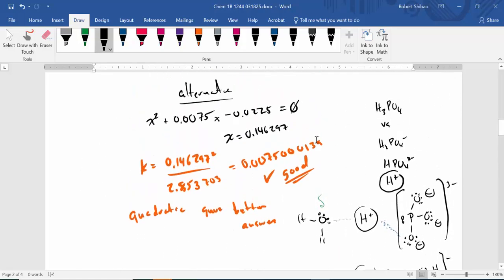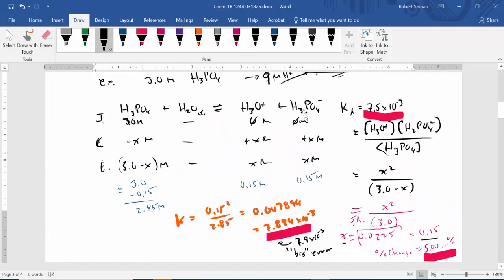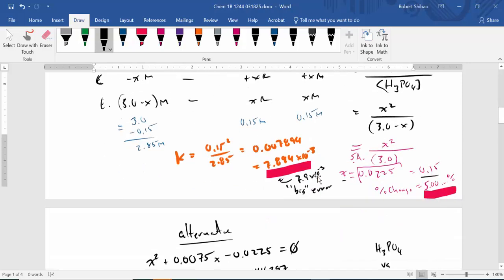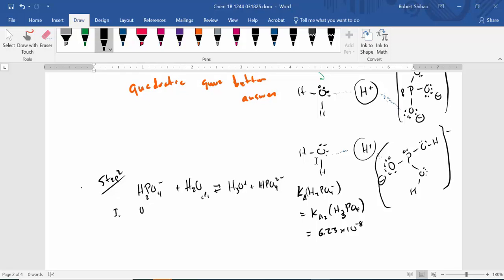H2PO4 minus. This is what we call a common ion. A common ion is coming from the previous step. We have 0.15 molar. And I'm not going to use the better value here because I need to save time. This is a test or something, and I don't want to waste any time. But we have 2 common ions. So H2PO4 minus is 1 common ion. What's the other common ion?